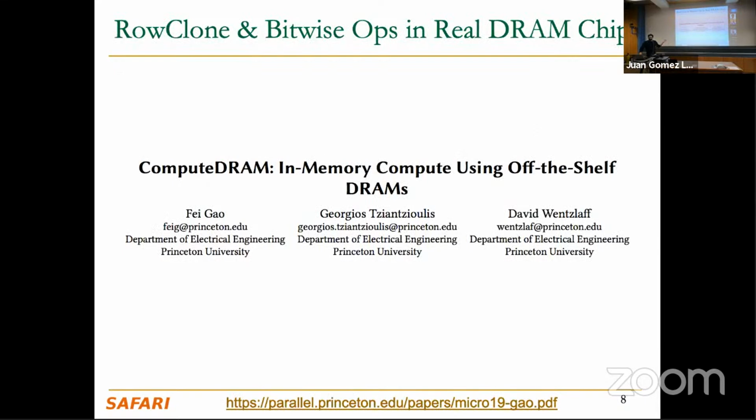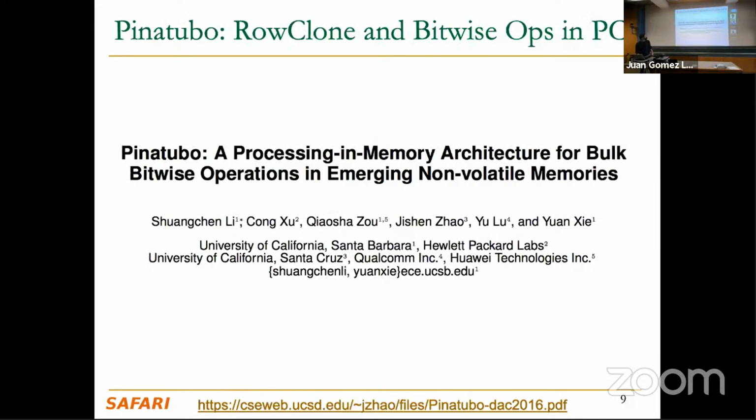This is a very interesting work, ComputeDRAM, that already showed that even in off-the-shelf chips, it's possible to execute RowClone and even Ambit operations by playing with the timing parameters of DRAM. And we have also seen how processing using memory is also applicable to other memory technologies.